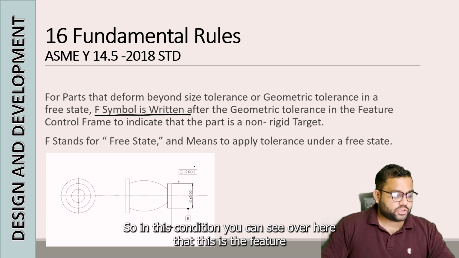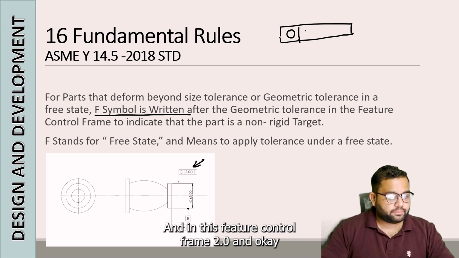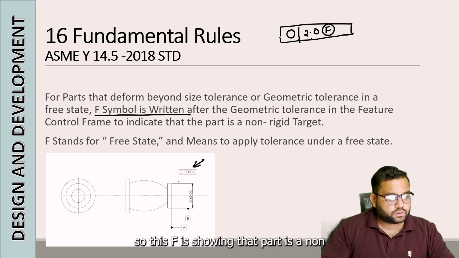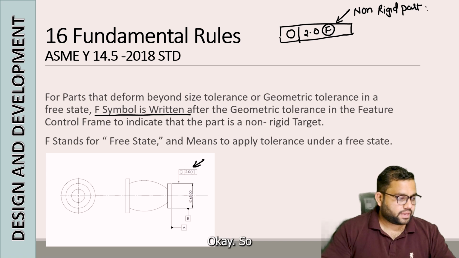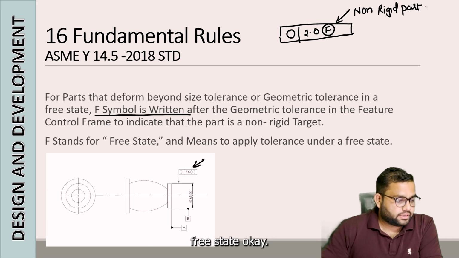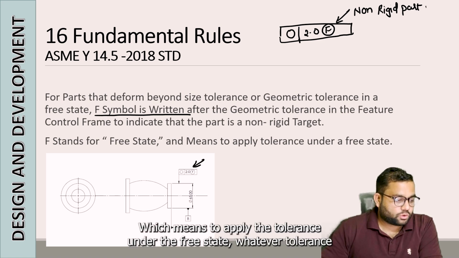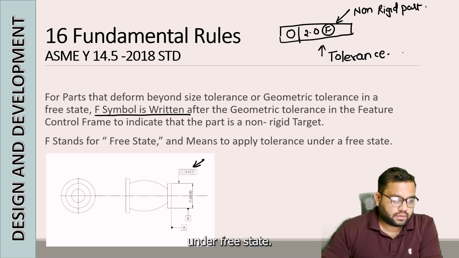In this example you can see a feature control frame, and in this feature control frame 2.0 F, this F shows that the part is a non-rigid part. F stands for free state, which means the tolerance is applied under the free state.